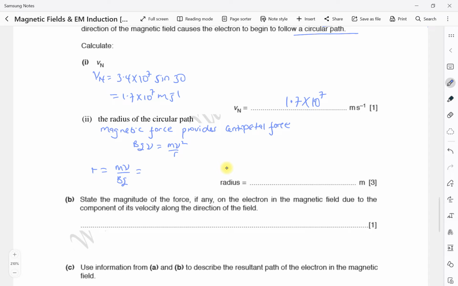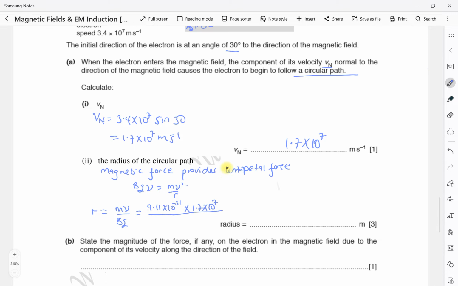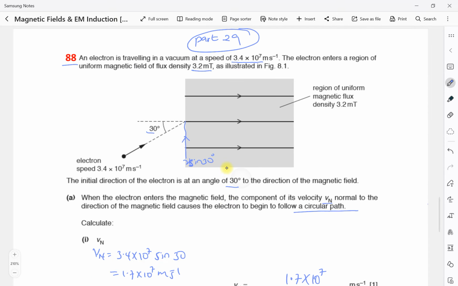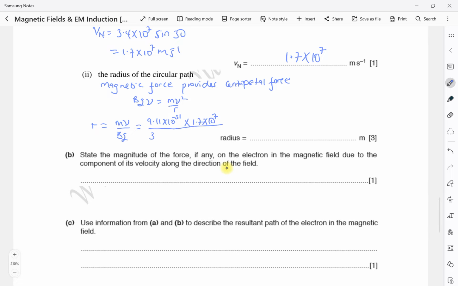which is going to be the mass of the electron, that is 9.11 times 10 to the power of minus 31 kilograms. The speed, remember the vertical component, the perpendicular to the magnetic field, is what provides the centripetal force. So this is going to be 1.7 times 10 to the power of 7. That is, we need the component of the velocity perpendicular to the magnetic field. Then divide by B. B was 3.2 milliteslas, so this is 3.2 times 10 to the power of minus 3.